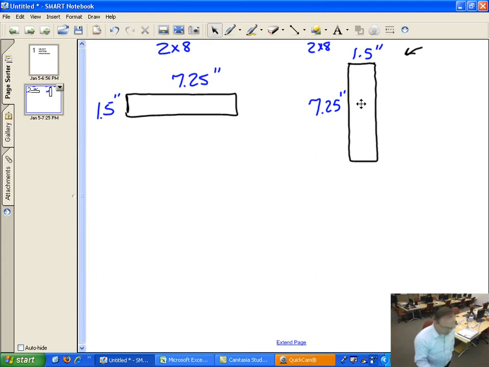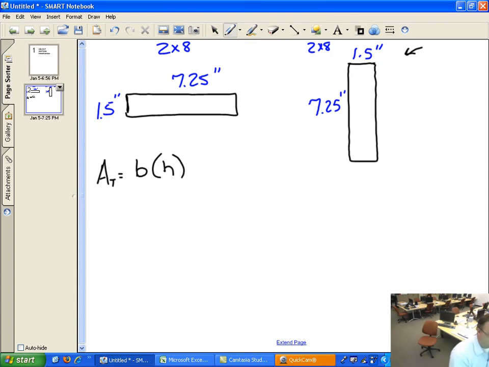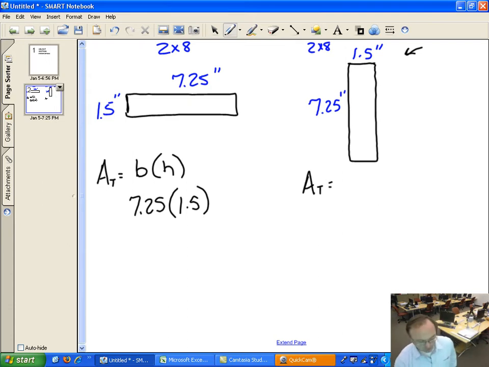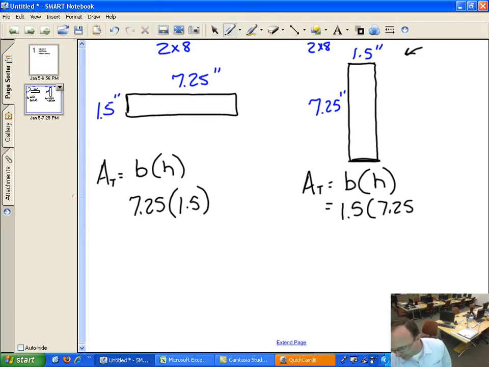Why is that? Well, let's take the first. What's the area? The area of a rectangle is equal to base times height. In this case, my base is 7.25 and my height is 1.5. Over here, I have an area total, which is base times height. My base this way is 1.5, and my height is 7.25.